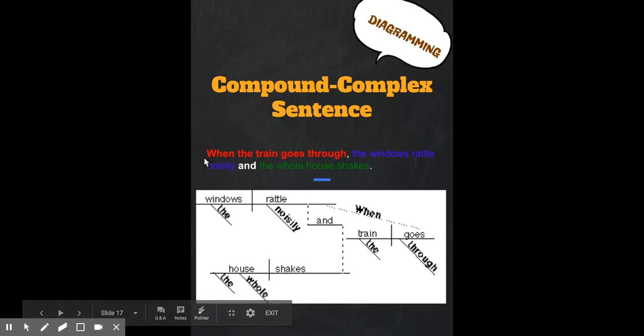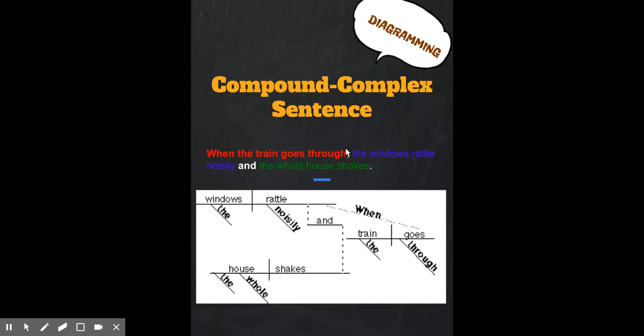Now this sentence is starting with a noun clause that's modifying rattle. Remember that modifiers of verbs ask how, when, and where, correct? How, when, and where. So when did it rattle? When the train goes through.